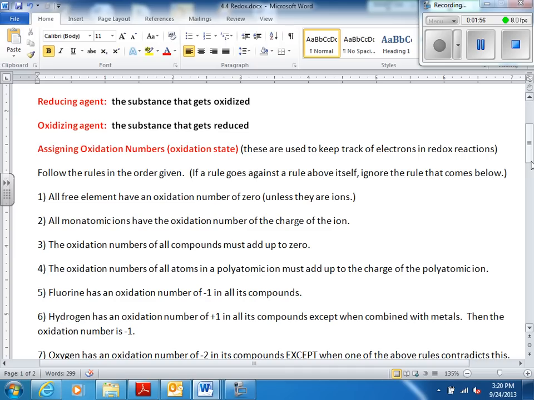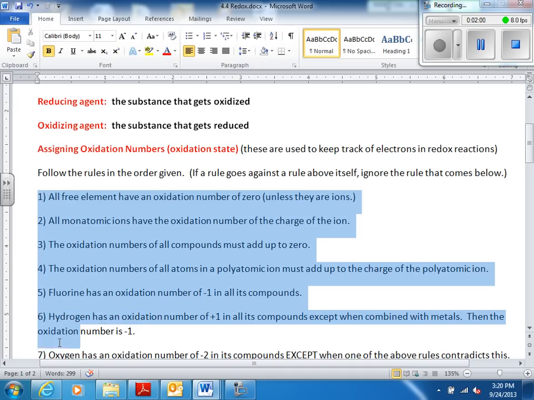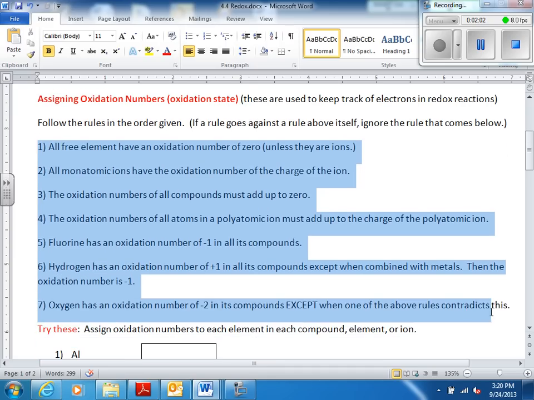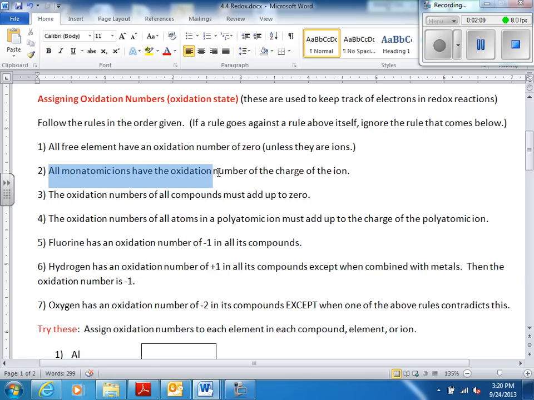So here are the rules for oxidation numbers, and we follow these rules in the order in which they are given. So if a rule below another rule contradicts a rule above it, we go with the rule above. So we're going to try some using these rules.